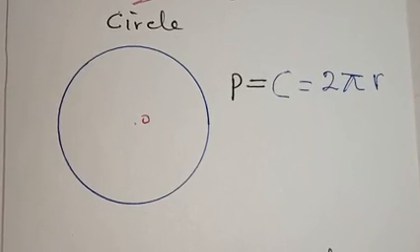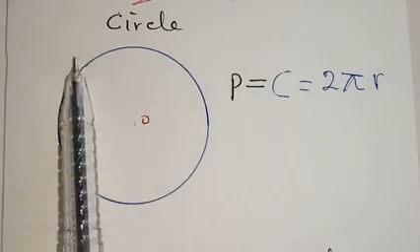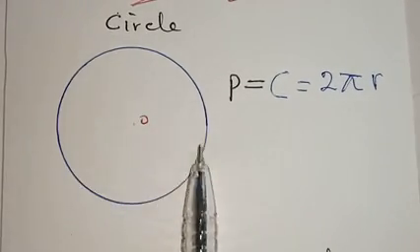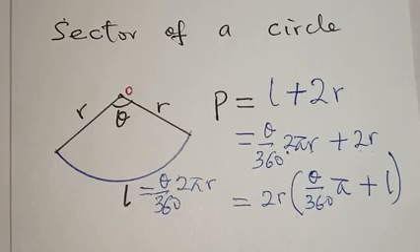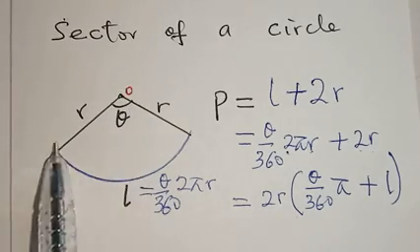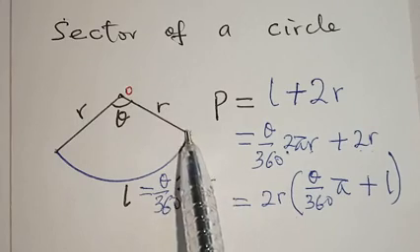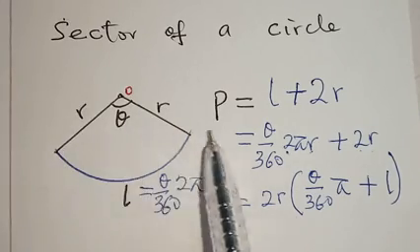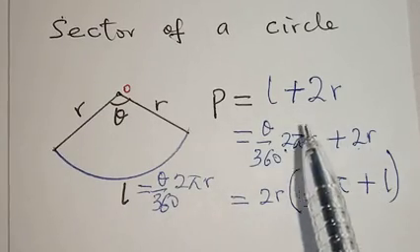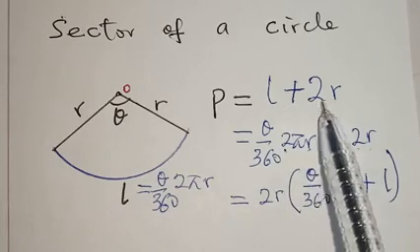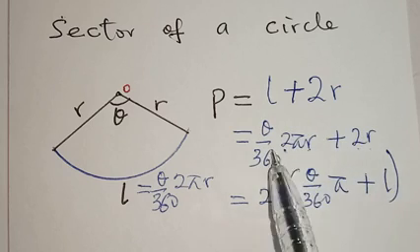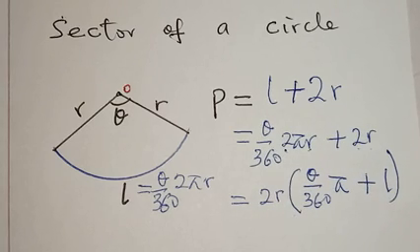We have learned that the perimeter of a circle is the same thing as the circumference of a circle, and the formula is 2 pi r. To find the perimeter of the sector of a circle, the formula is L plus 2r, where L is the length of the arc, and we have 2r, which you could factorize out and have the formula written like this.